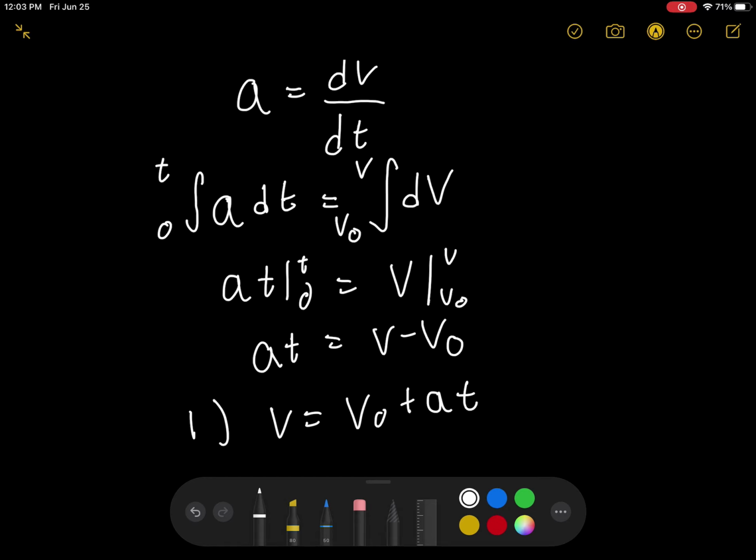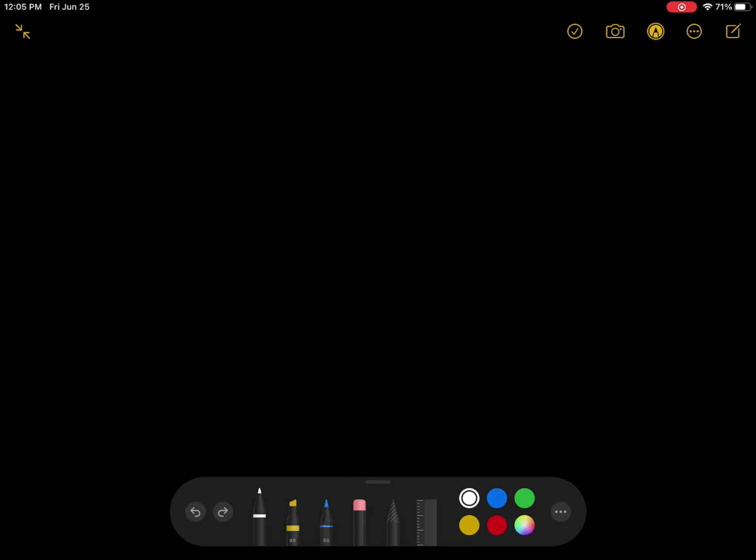And from here, we're going to redo another separation of variables with calculus. So to start us off, we're going to start with the definition of the velocity this time. So velocity is just equal to some change in position over some change in time, and that's equal to the result that we just got before this, v0 plus at. And once again, we're going to do another separation of variables, so multiply both sides by dt.